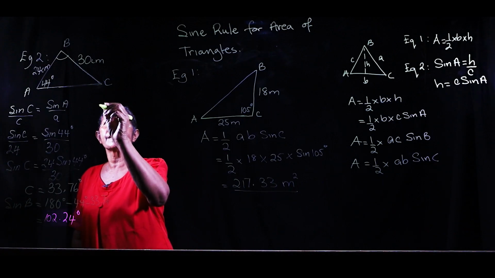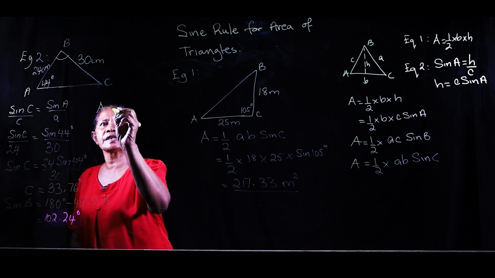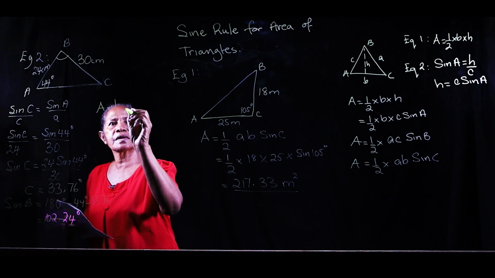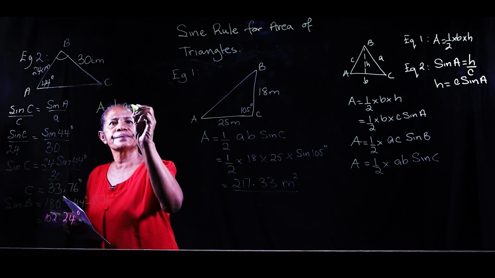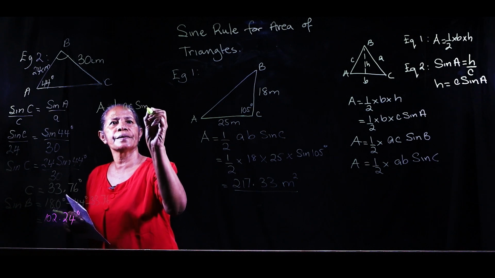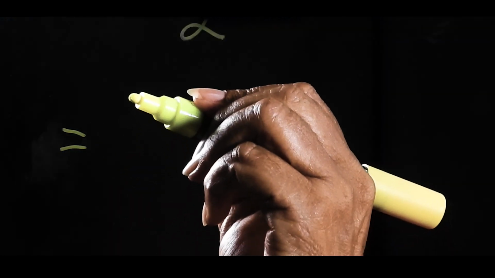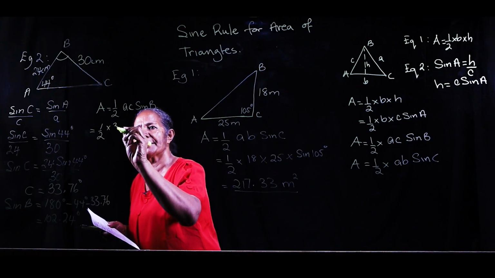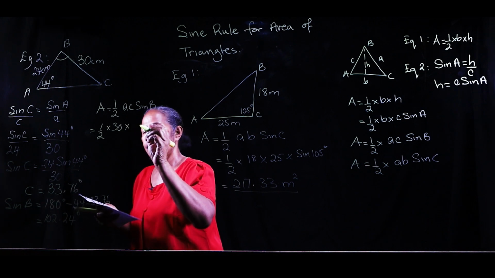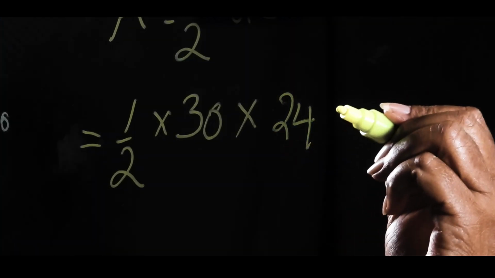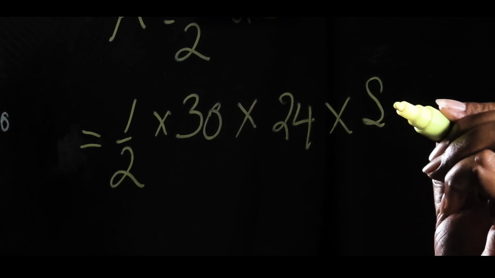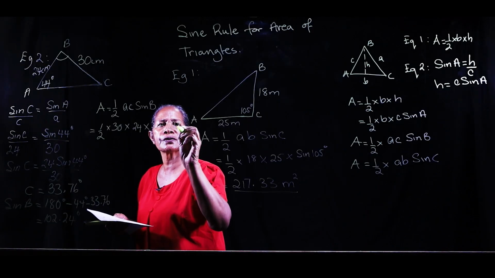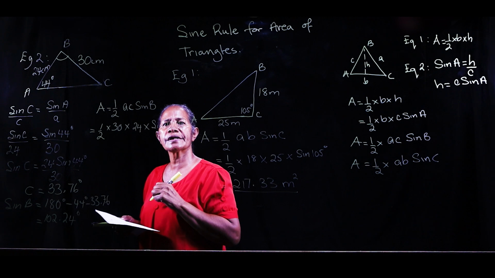Now we're going to use that to find the area. The area is equal to half ac sine B, which is half times 30 times 24 times sine 102.24 degrees.